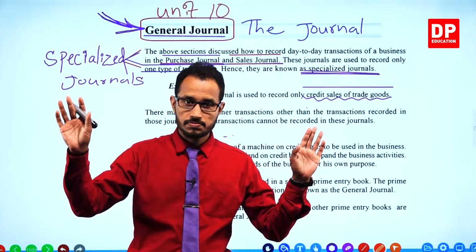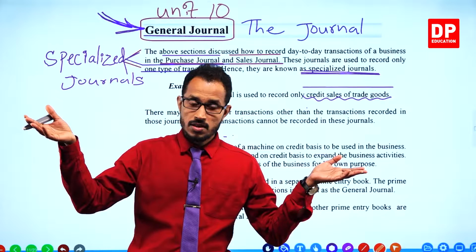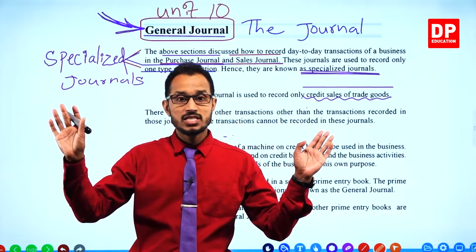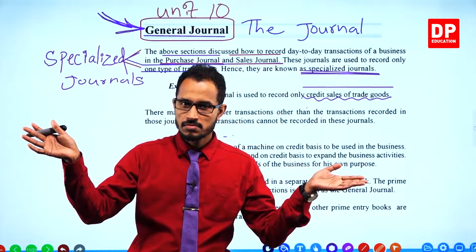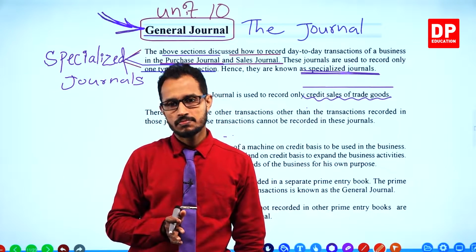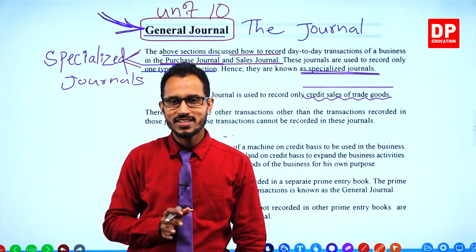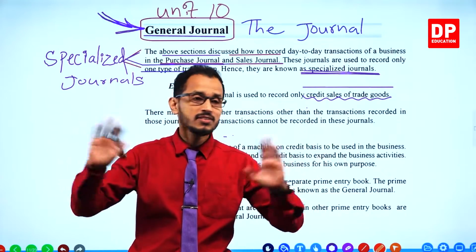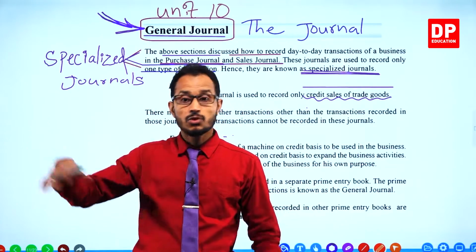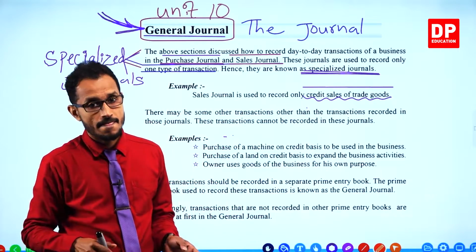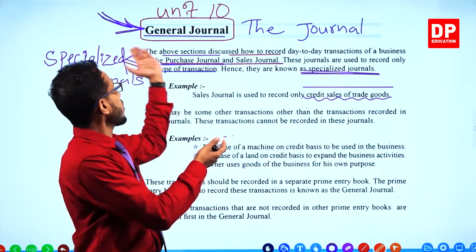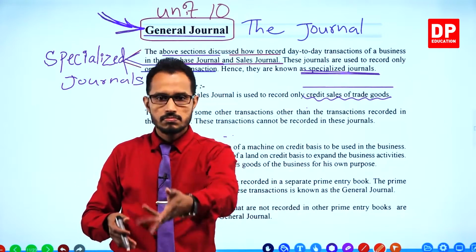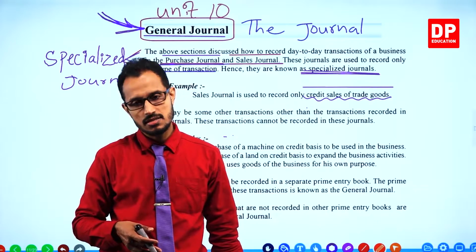Any other type of transaction is not entered in those journals other than the specific transaction which must be recorded in those journals. But in this book you record everything that you cannot put in those other specialized journals.